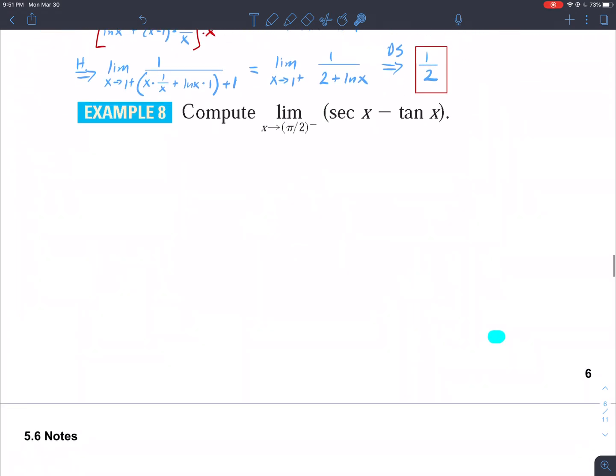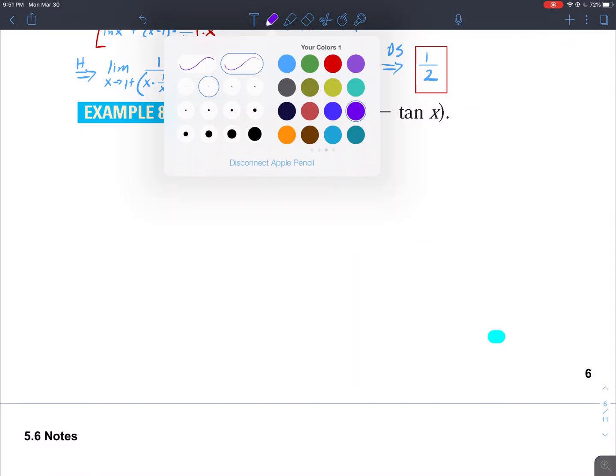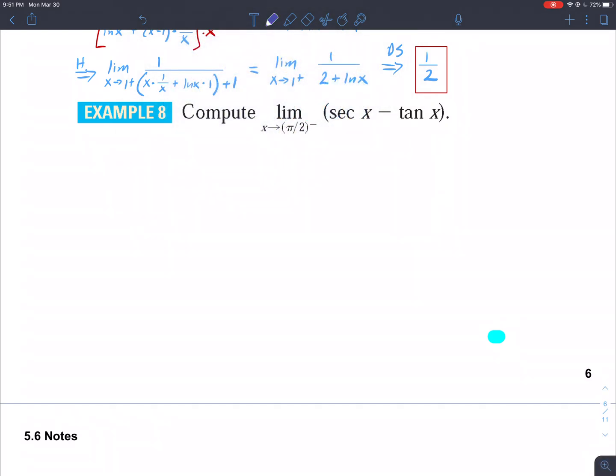Example 8. Compute. This one's trig, and I threw a trig one on here just so that we could get a little practice in what happens with different scenarios. So in this case, secant, which is not a graph that students tend to remember in high school very easily, but it's built off of cosine, right?